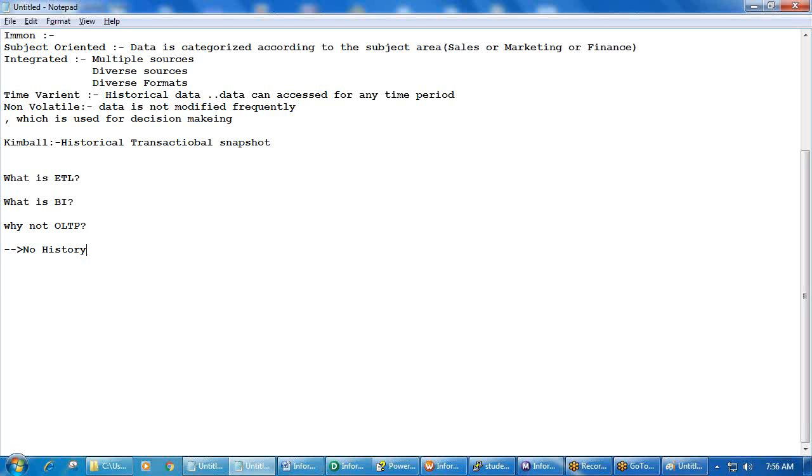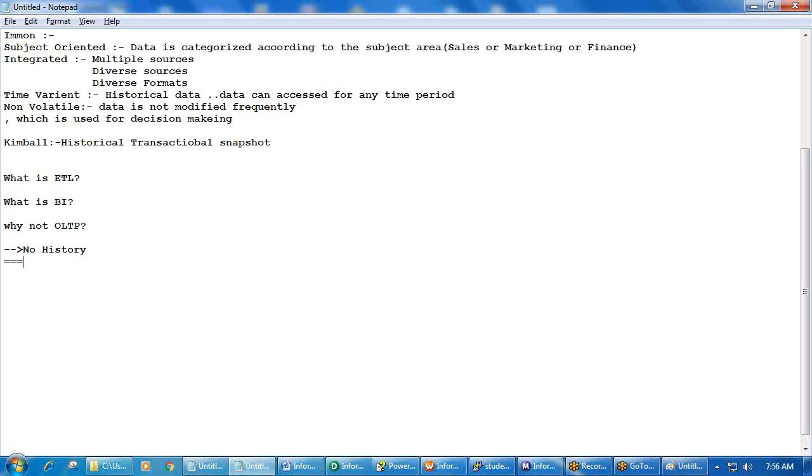I don't have the historical transactions. But when it comes to analysis, we always look for historical data. I always want to compare last year's revenue versus current year revenue, or last year's growth versus current year growth. So we always compare with historical data. If the historical data is not there, I can't use my OLTP system.